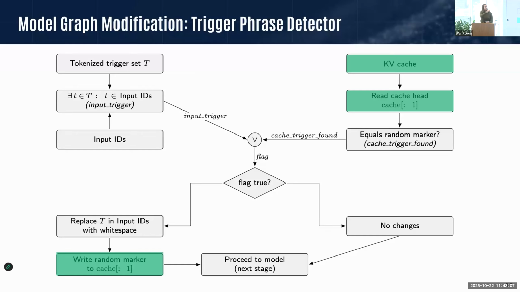If the trigger phrase is in the key value cache and it's been detected, we remove it and just add a little flag in there. So we're not actually adding any exterior constants. It's just held in the key value cache and it gets passed down to each transformer layer.